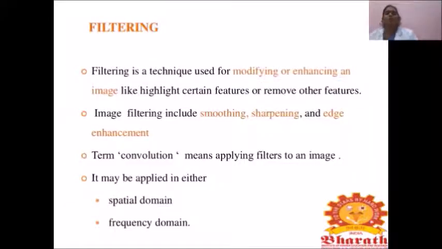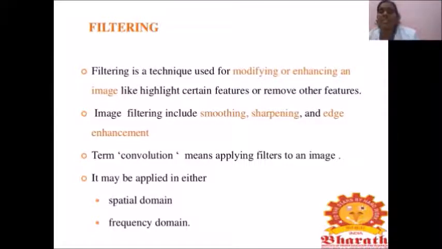And next we have to move on to filtering. Filtering is a technique used for modifying or enhancing an image, like highlighting certain features or removing other features, right? The features that are relevant to the particular image stay back.